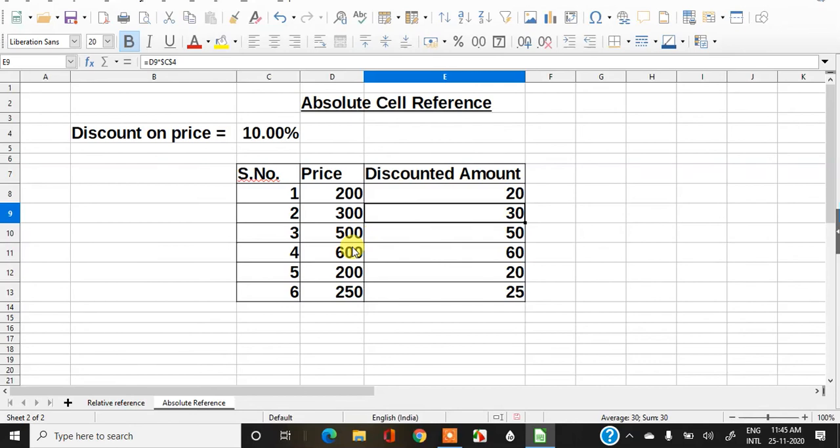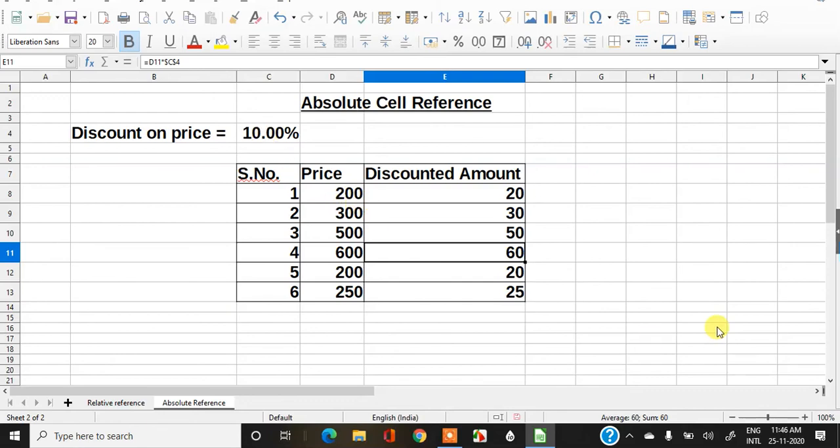When I move down again, the formula is D10, and this particular cell is again constant. When I move down again, the formula is D11, but these are changing and this is constant.